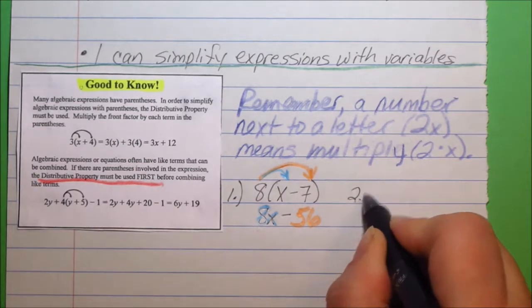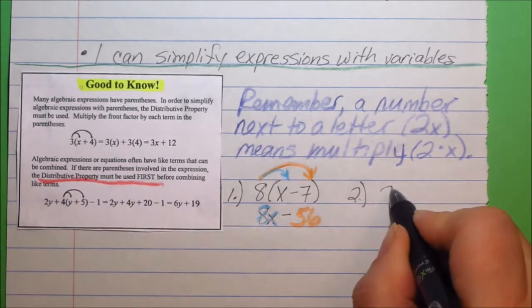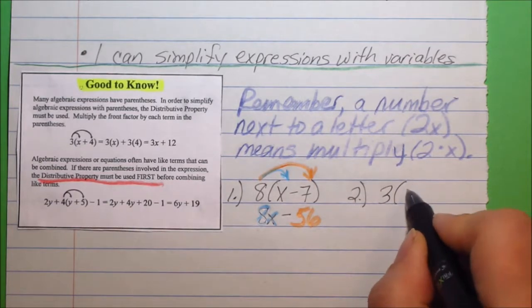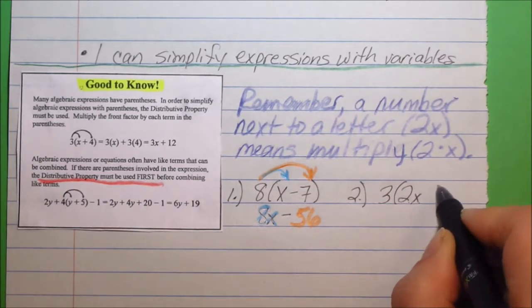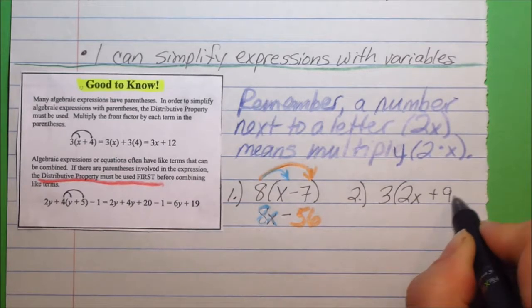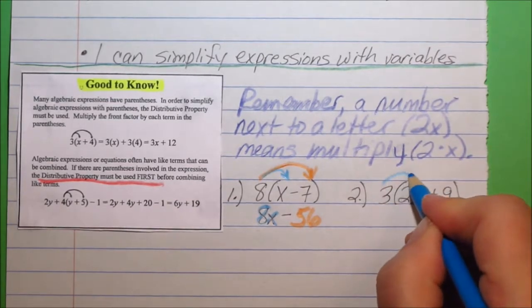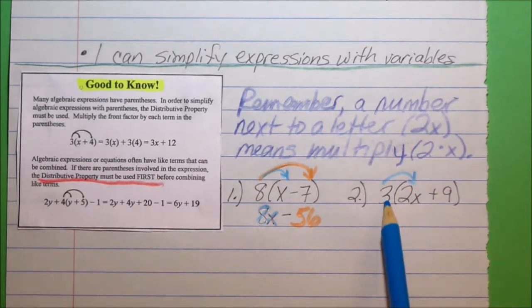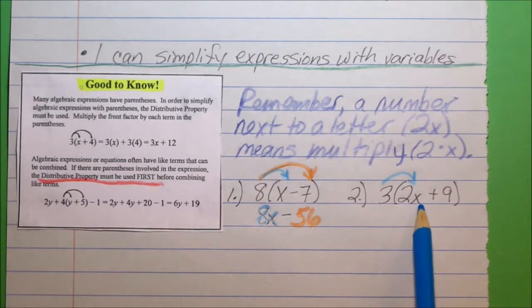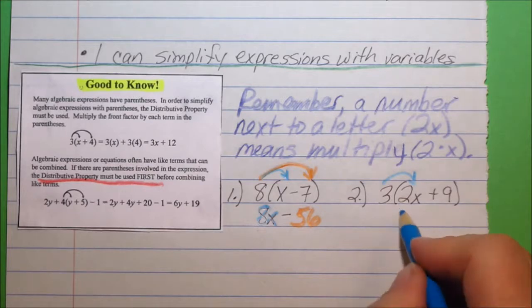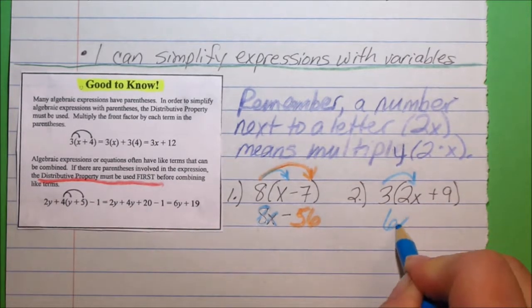So we'll do another one very similar, all right? So we've got 3 times 2x plus 9. All right, so step 1 is 3 times 2x. Now 3 times 2 is 6, but don't drop that variable. It becomes 6x.